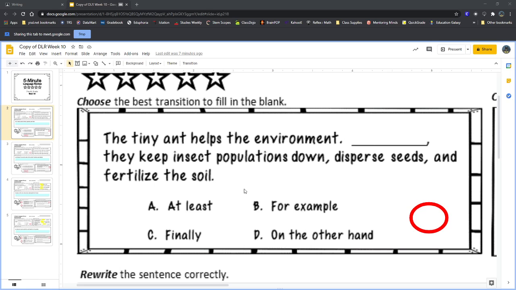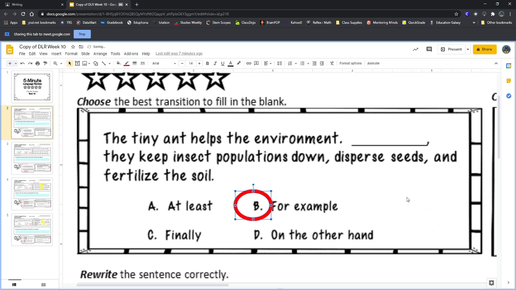Okay, but for this answer choice and for this example, the best one to choose would be B. The reason why I want to use that as my transition is because they tell me in the first sentence that tiny ants help the environment. If I look at that second sentence, they're giving me examples of how they help.